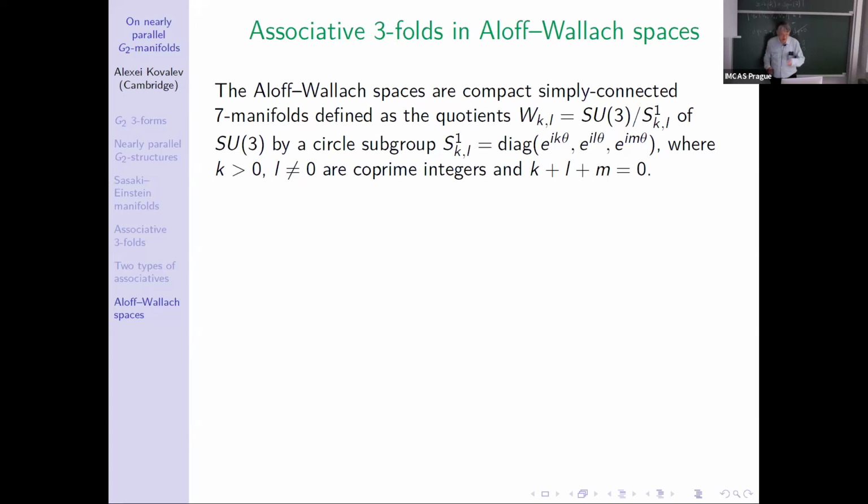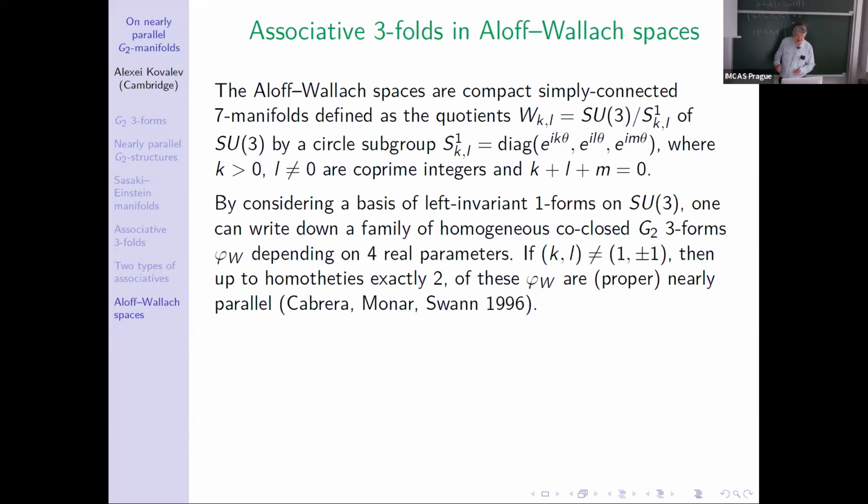Right, so one can check that the resulting quotients are simply connected. Now, one can use the Lie group structure, more precisely use the basis of left-invariant 1-forms of SU3. One will be corresponding to this circle subgroup. So there will be a basis of 8, but we disregard the one which is determined by the S1 direction.